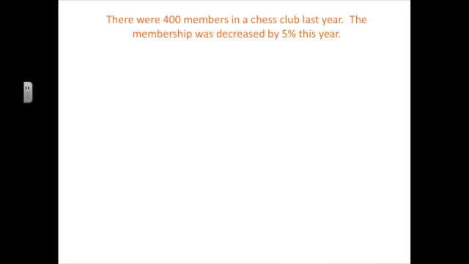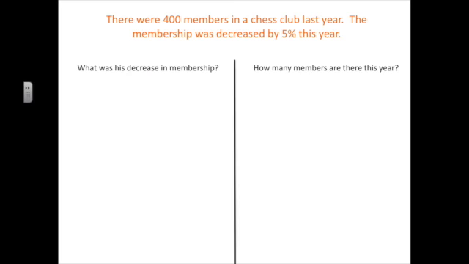Here's another example. There were 400 members in a chess club last year. The membership was decreased by 5% this year. Once again, we're going to respond to 2 questions. What was the decrease in membership? And how many members are there this year?